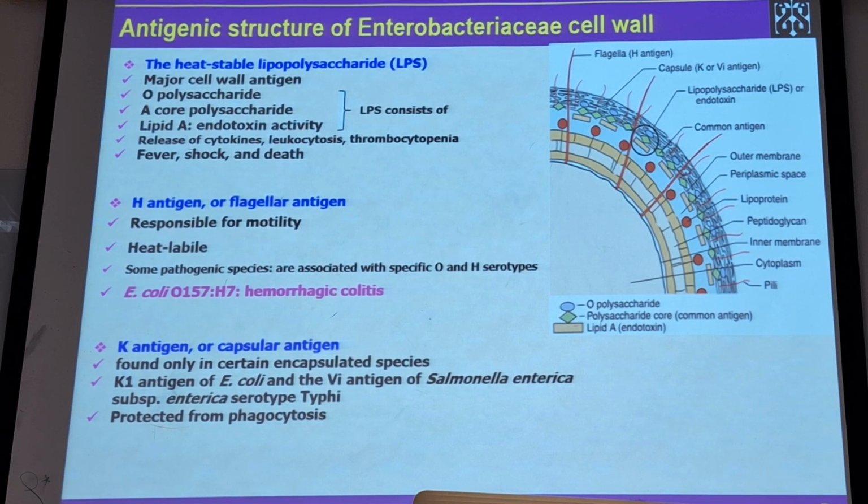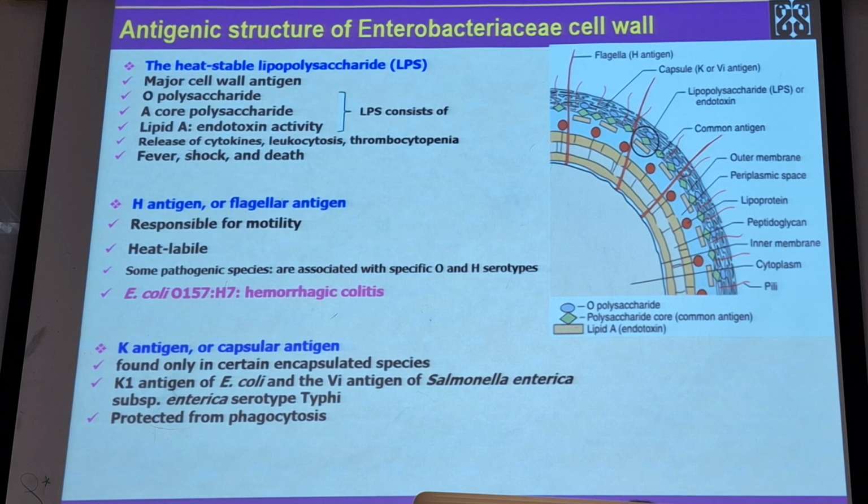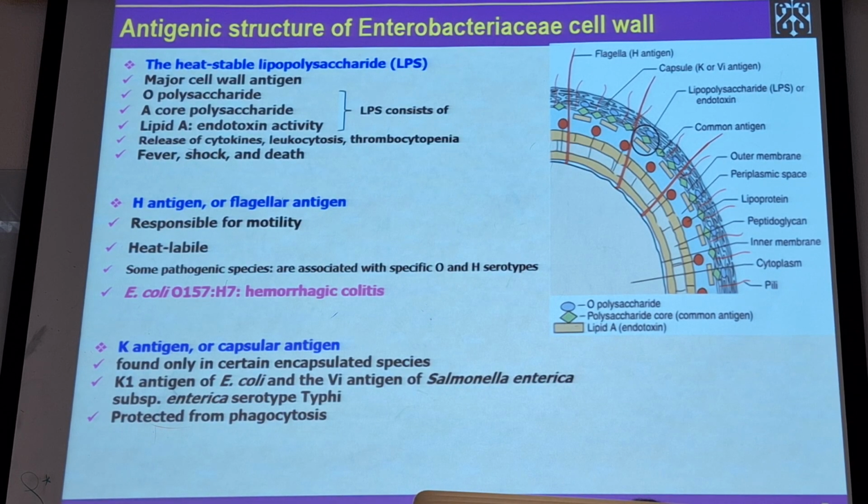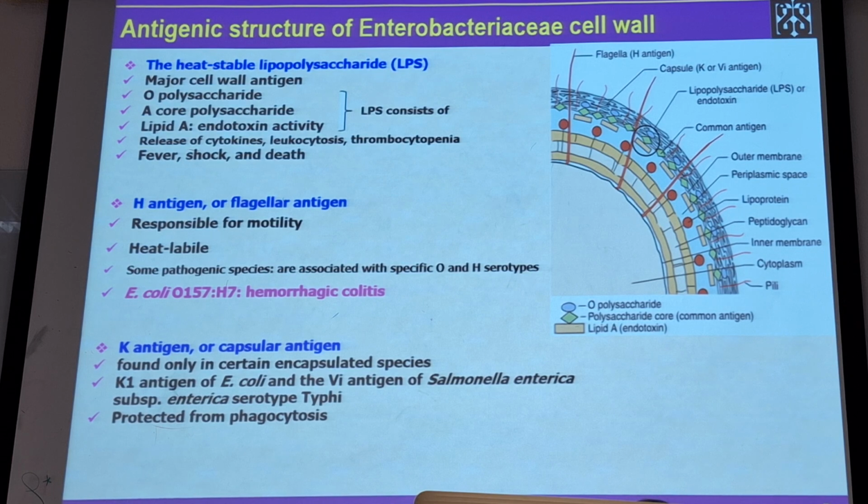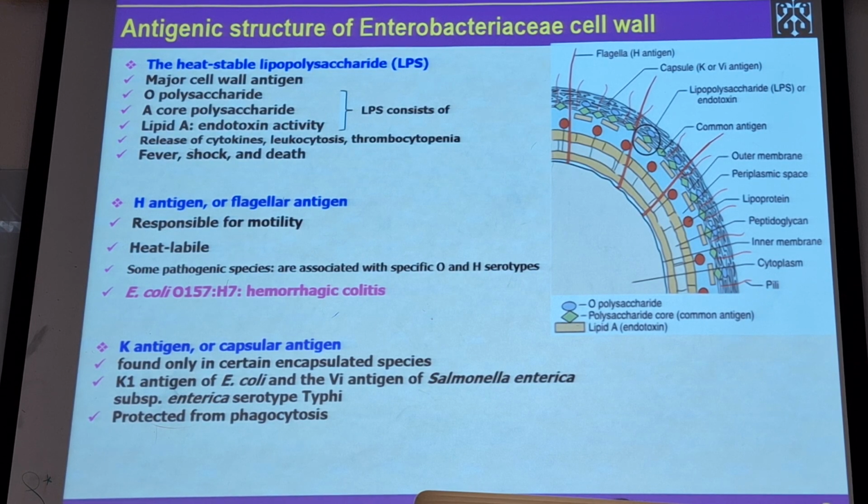Some pathogenic species are associated with a specific O and H serotype. For example, E. coli O157:H7 is responsible for hemorrhagic colitis. Hemorrhagic colitis is characterized by bloody diarrhea and abdominal cramps.